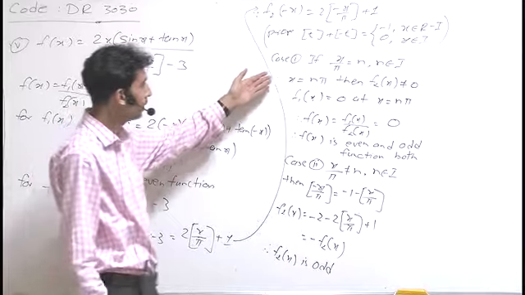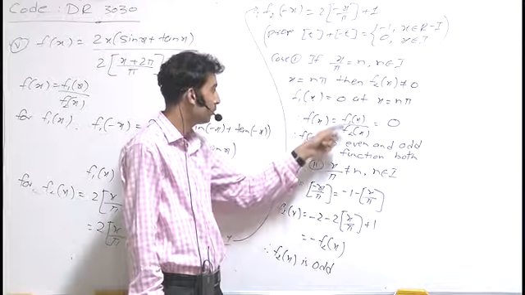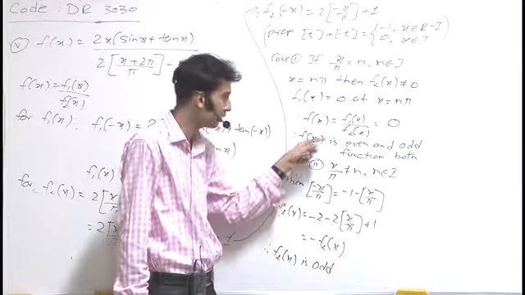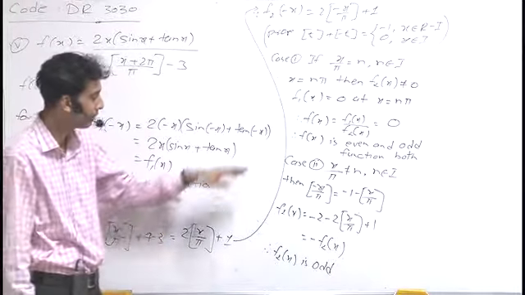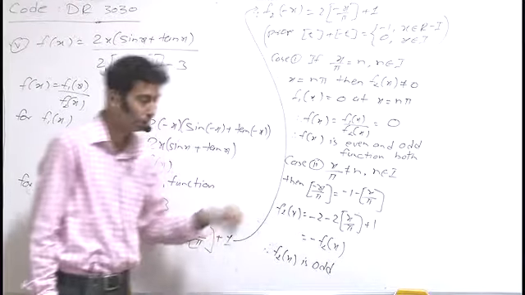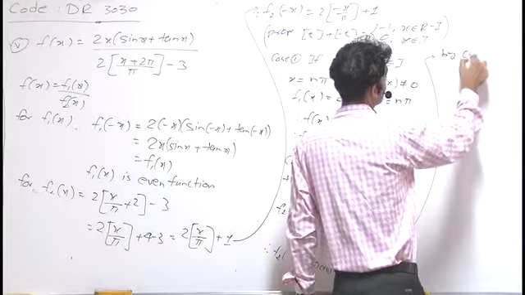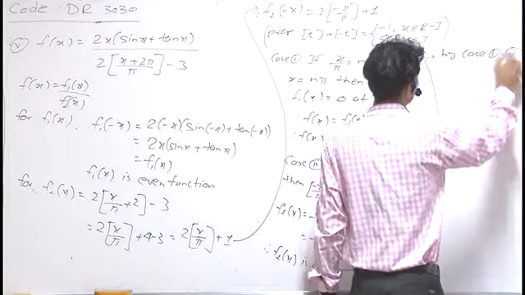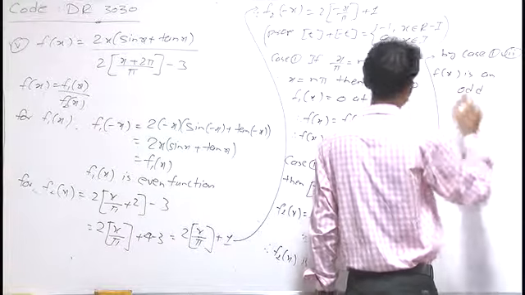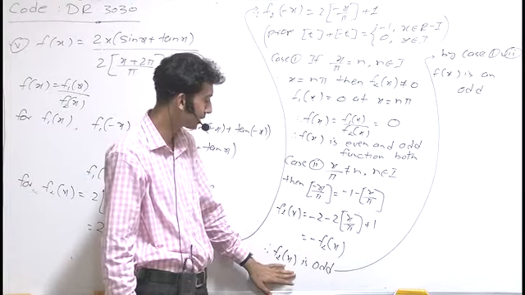In case number 1, when x/π equals an integer, then f1(x) equals 0, so f(x) equals 0, which is an even function as well as an odd function at the same time. And if x/π is not equal to n, then we get f2(x) as an odd function. If we take case 1 union case 2, we can say that f(x) is an odd function, because 0 can be said to be even as well as odd, and in case 2 we have f2(x) odd.